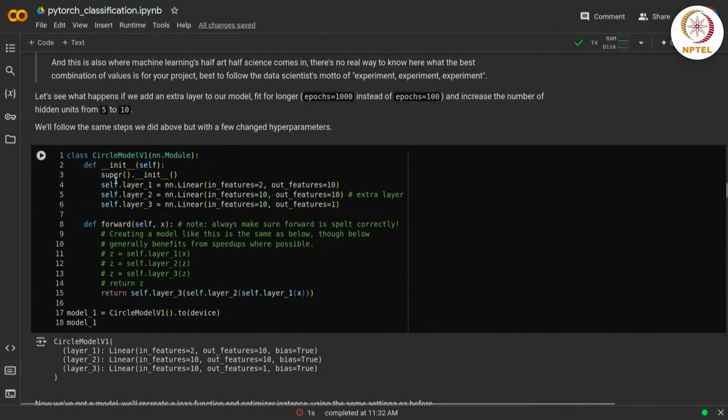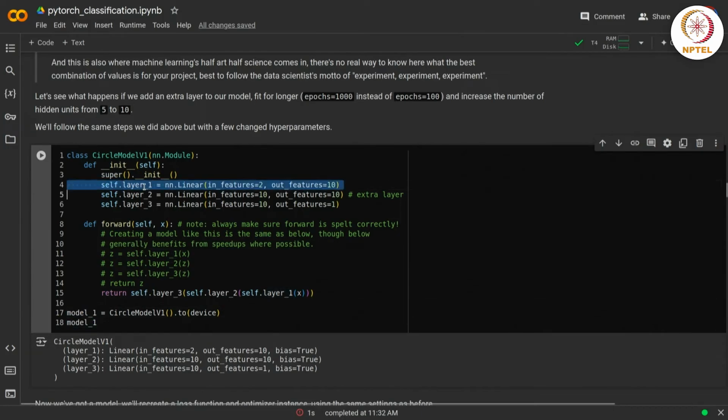Here we are defining model 1, or V1, and if you compare this with the definition of the previous model, you can see that we have added one more layer. In comes 2 features. Layer 1 outputs 10, layer 2 takes 10 features and outputs another 10 features, layer 3 takes those 10 features and outputs 1 feature.